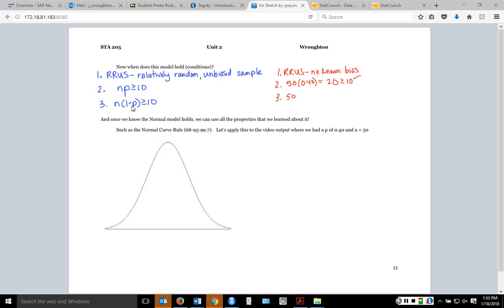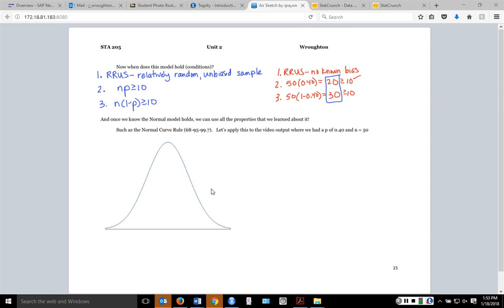In a sample of 50 beads, I would then expect that 30 of them were yellow, and those are at least 10. You'll notice that these two numbers add up to your sample size. So it's how many you expect of one color versus the other color. And you'd have at least 10 of those. And once we know all this holds, then we can use our normal curve to apply everything else that we've already talked about with the normal distribution.